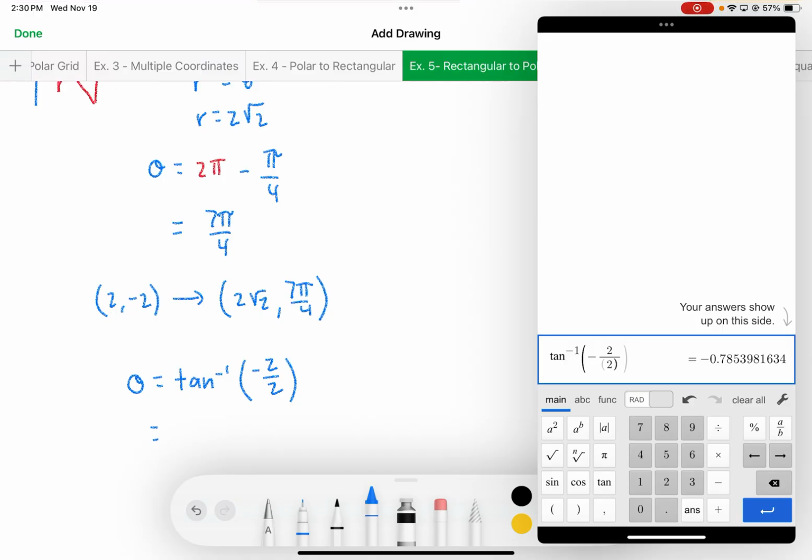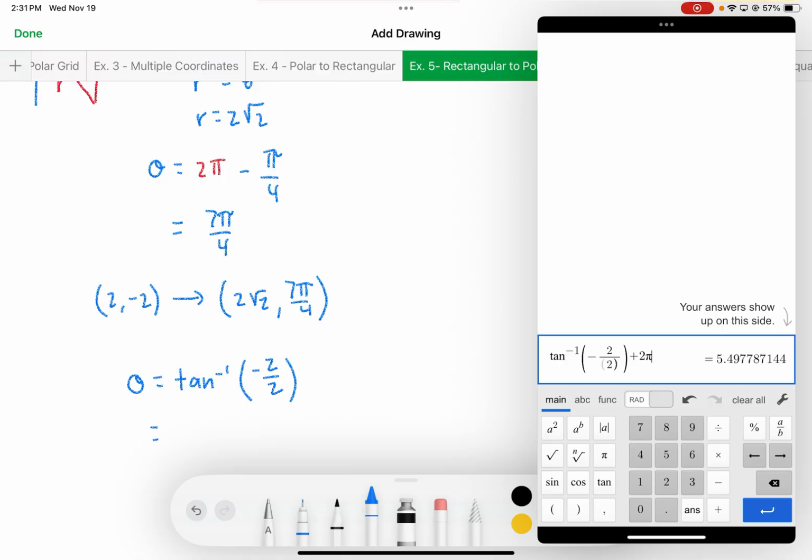The issue with that is it's not in the interval 0 to 2 pi that we were asked to be in, right? So we have to be mindful of that. And to bring it into the interval, I'd have to add 2 pi. There we go, 5.49 approximately.